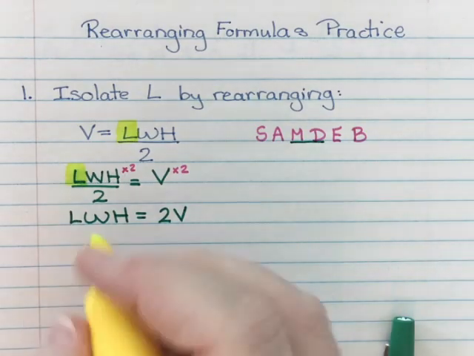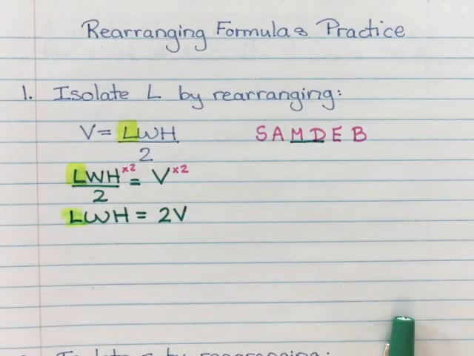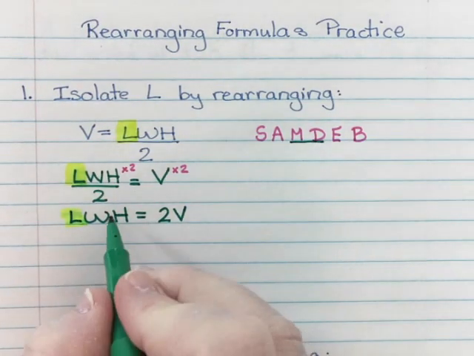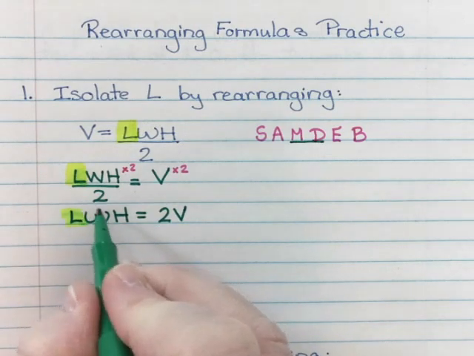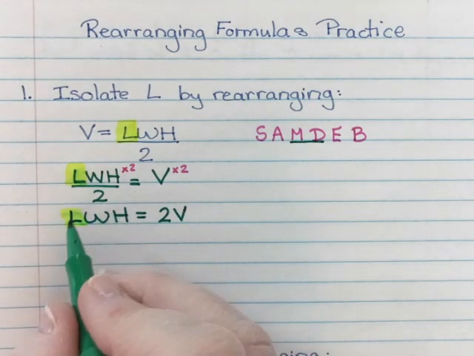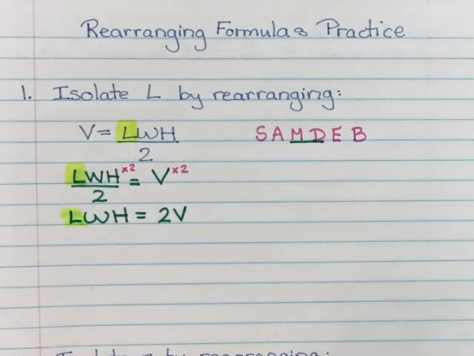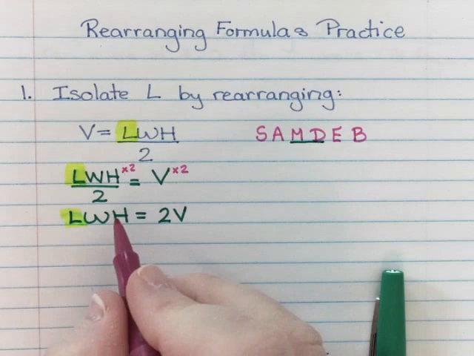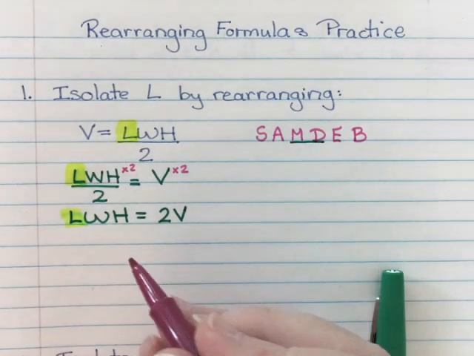We are still trying to get L by itself. So I notice that I am multiplying by W and H. The opposite of multiplying is dividing, so I would cancel them out by dividing. Because it's all multiplication, I have a choice.